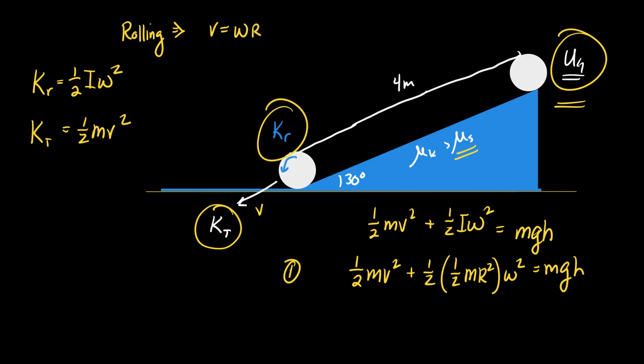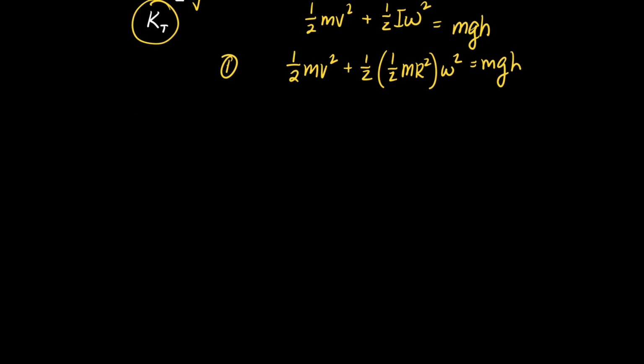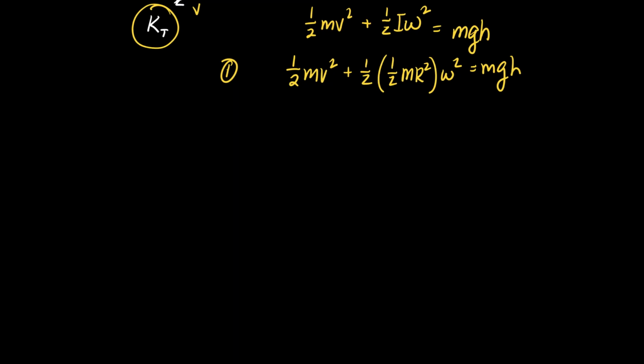And I know I'm getting down towards the bottom here, so I'm going to scroll up a little bit. But it's rolling. Rolling is a condition. So we can use the condition that it's rolling, v equals omega times R, just like we used it in the last case.